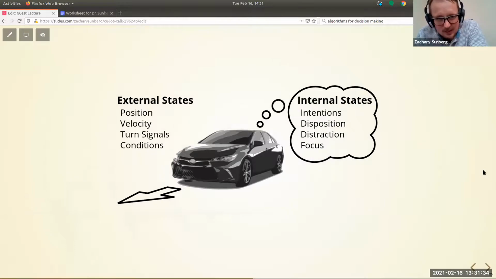So our hypothesis was that we could reason about the epistemic uncertainty in other drivers' behaviors and improve both safety and efficiency simultaneously. We assumed that you can measure all of the external states accurately. You have a LiDAR or something on your car, you can measure the position, velocity, you can look at the turn signals. But the internal states represent partially observable states that are epistemic uncertainty.